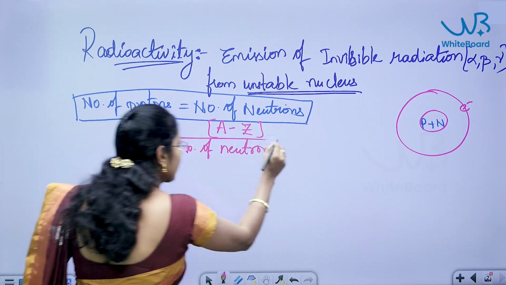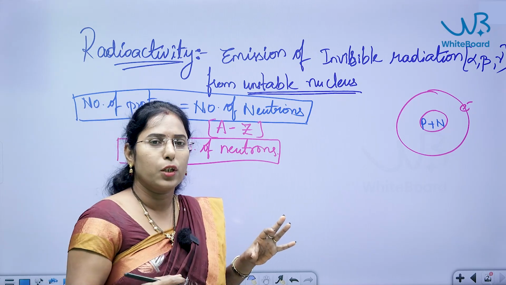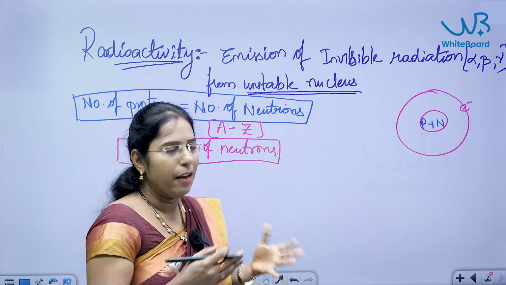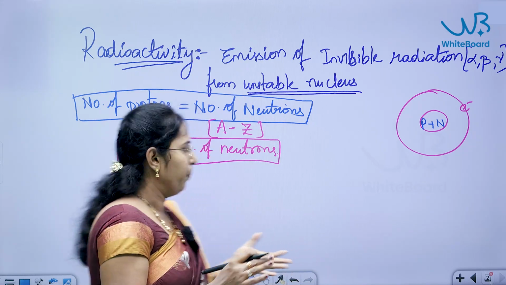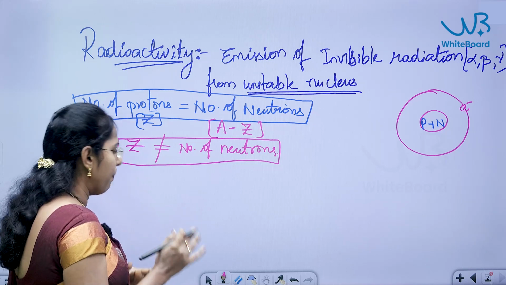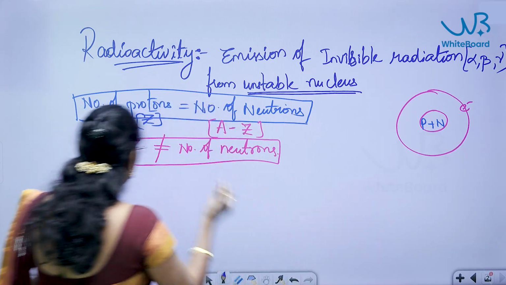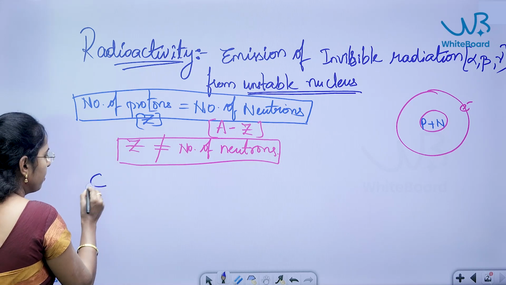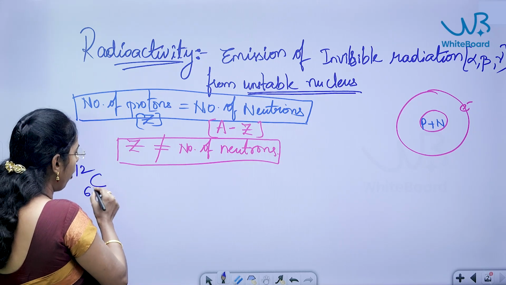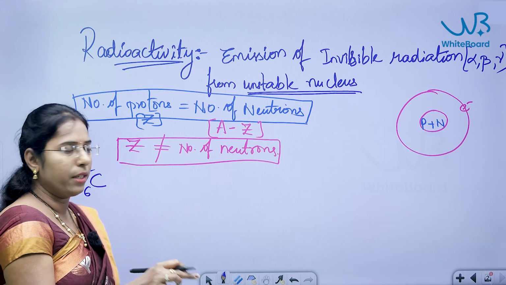In this condition, in order to achieve stability, it will emit radiation in the form of alpha, beta or gamma particles. That is radioactivity. For example, take carbon-12. The number of protons is its atomic number, 6. The number of neutrons is its mass number minus atomic number, 12 minus 6, which is 6.